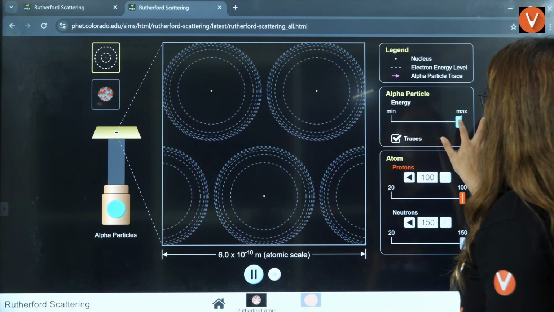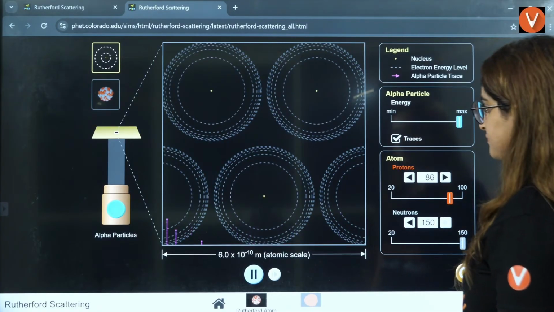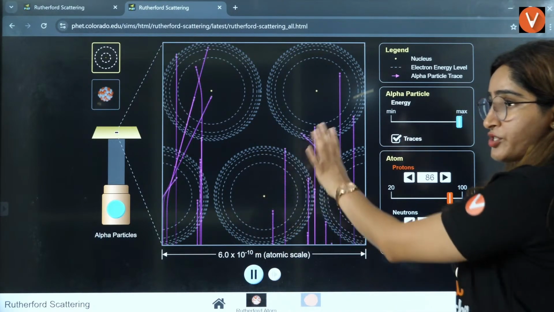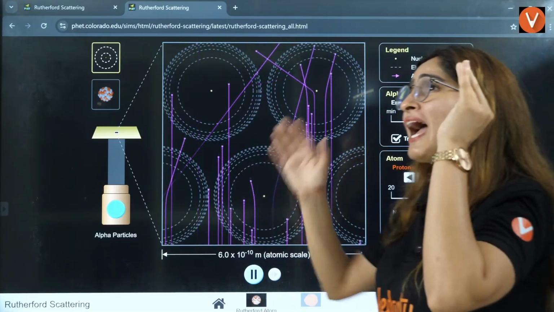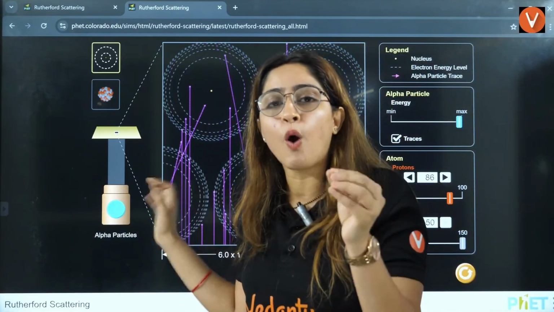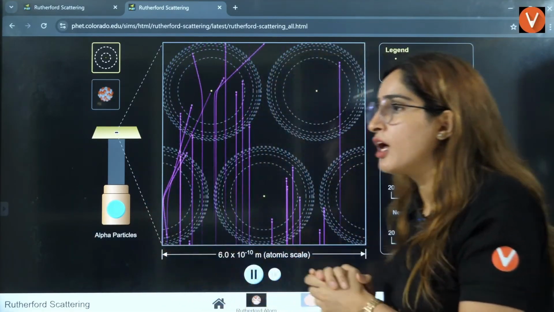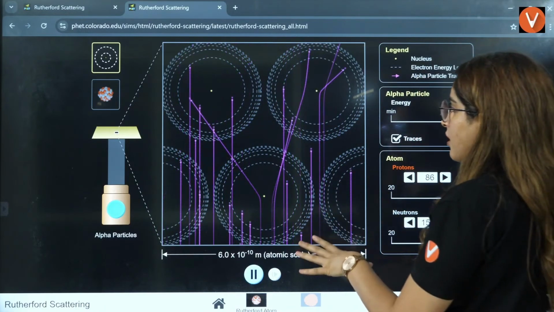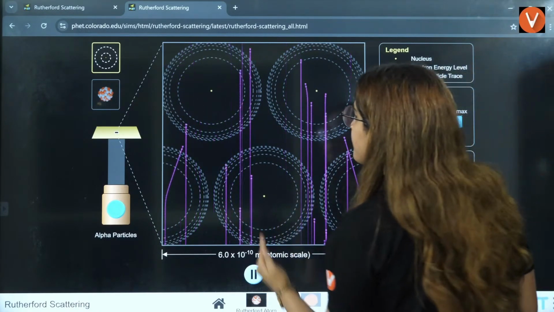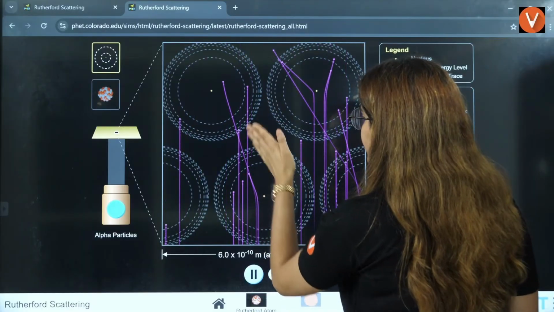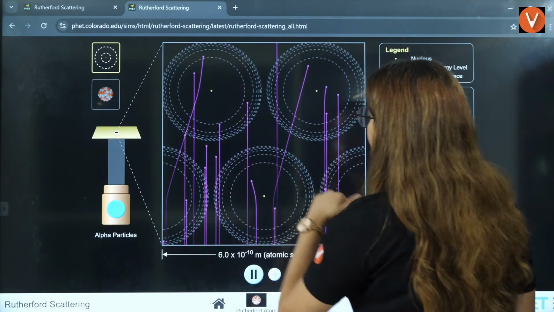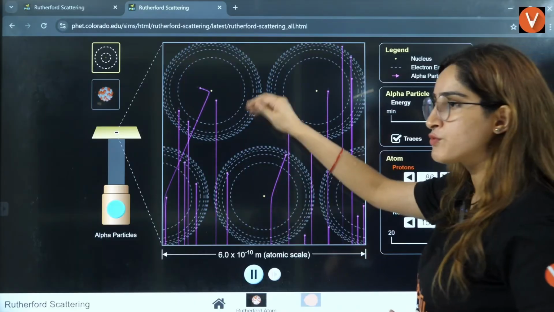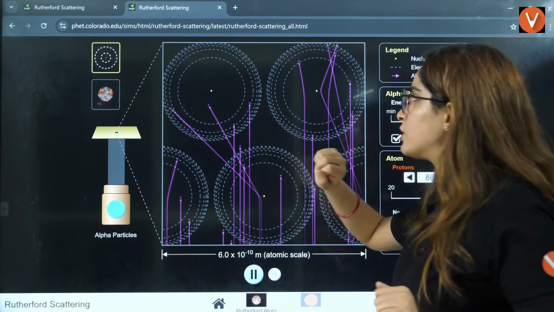If I say energy is maximum, let's say, you just need to firstly not get into thinking I have to learn this. Just see what exactly is there. What he observed is that some particles were going straight, some particles were deflecting, some particles were also bouncing back. I'll talk about this also.